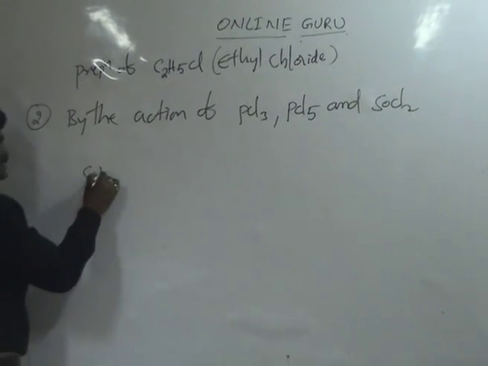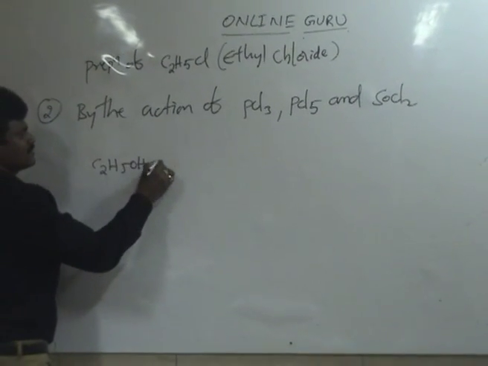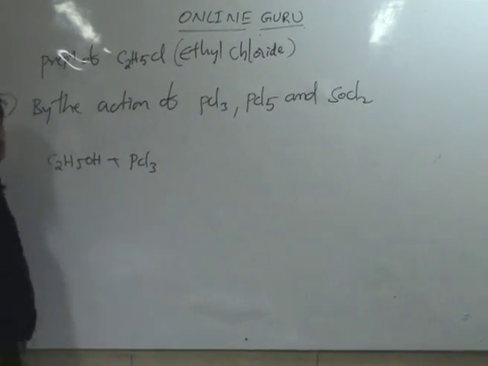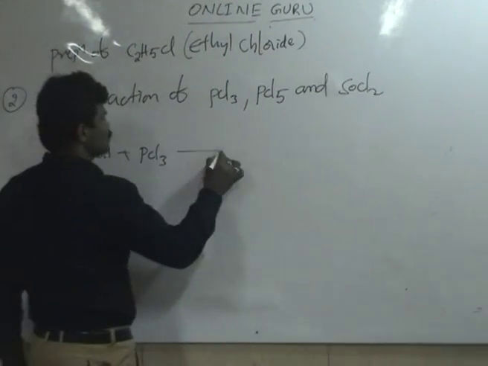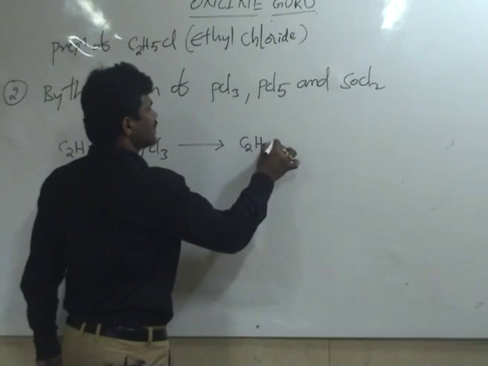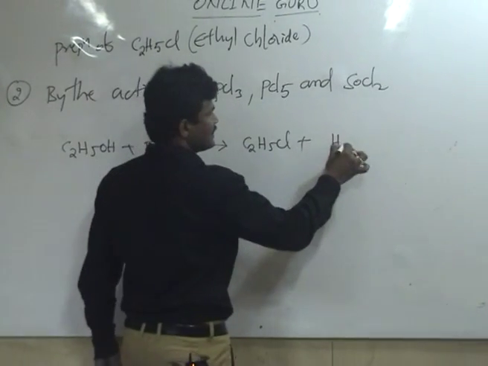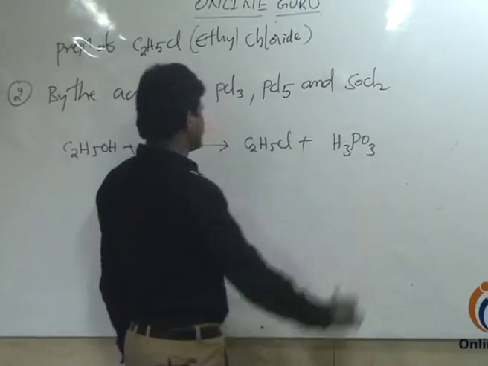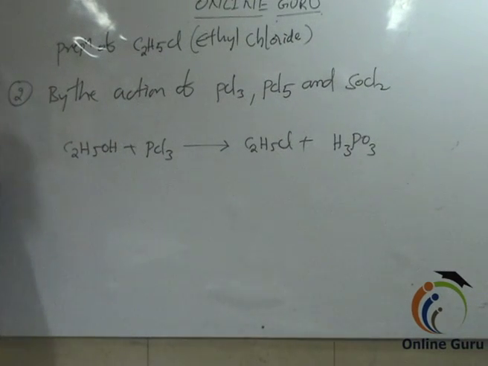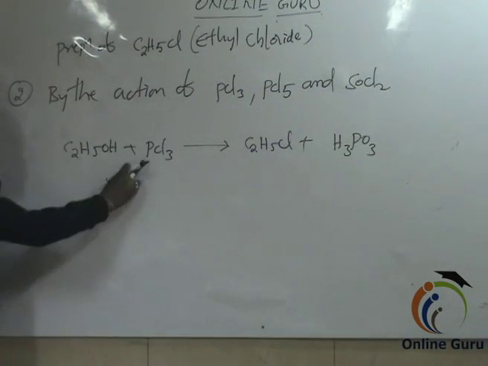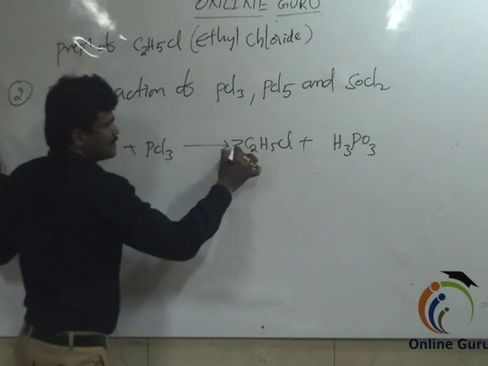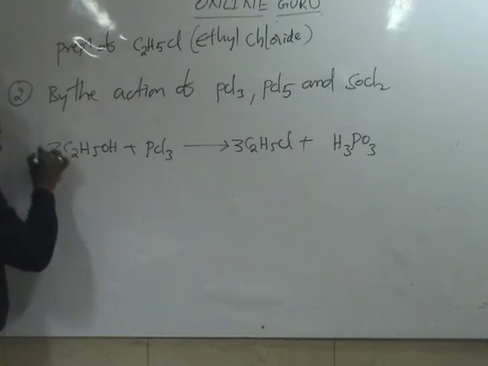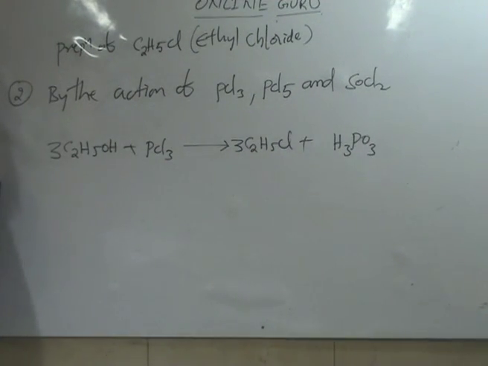When ethyl alcohol reacts with phosphorus trichloride, it forms ethyl chloride and H3PO3. In this molecule, on the reactant side, 3 chlorine atoms are there, so 3. The overall equation is balanced.